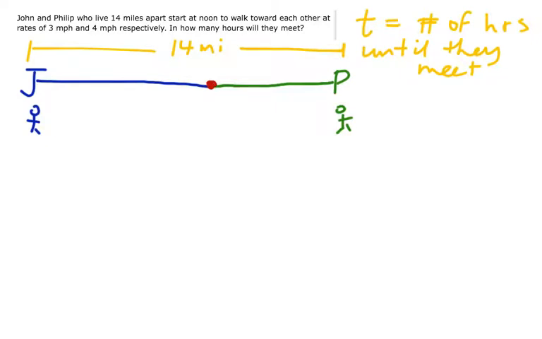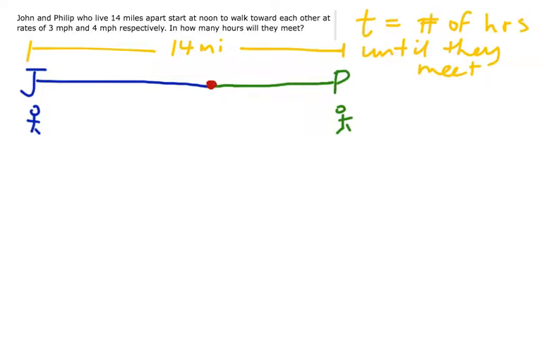Hopefully you figured out that Philip is walking faster, so he's going to go further. We don't know how much further, and that's the part we need to figure out. But the question, of course, is how many hours are they walking until they meet?